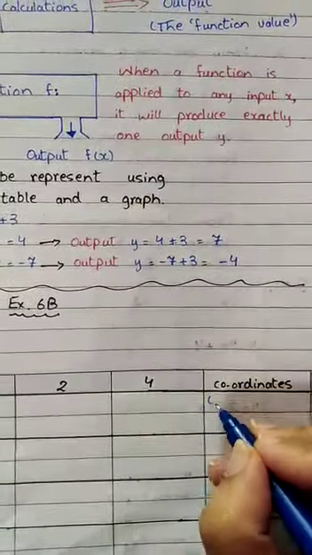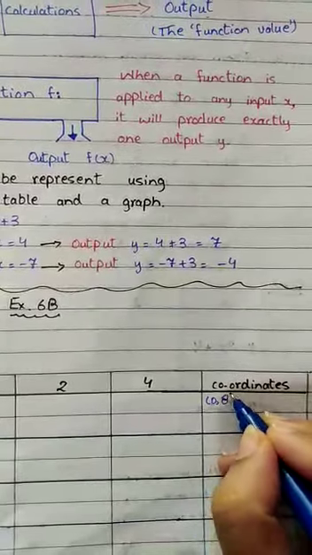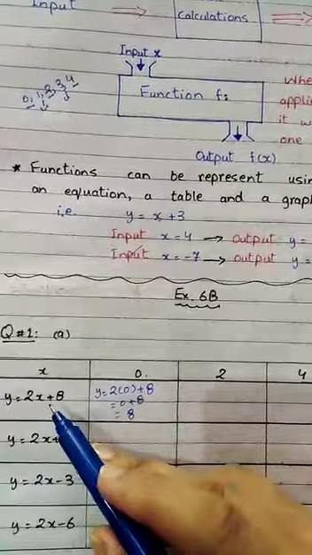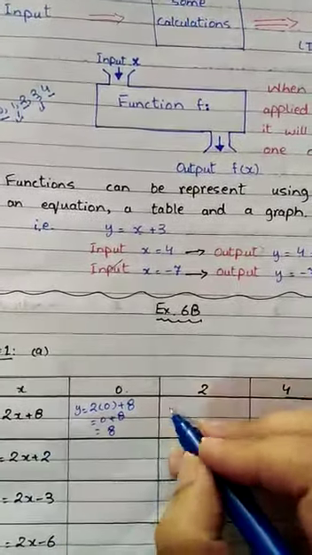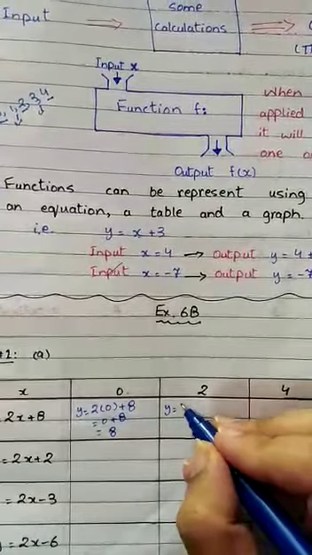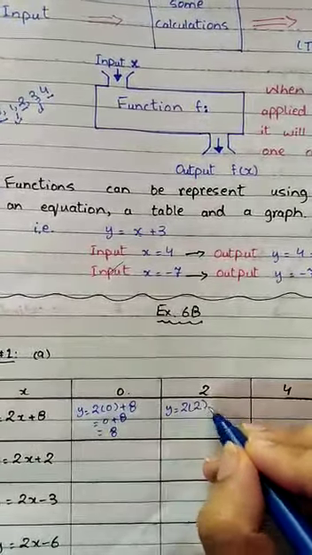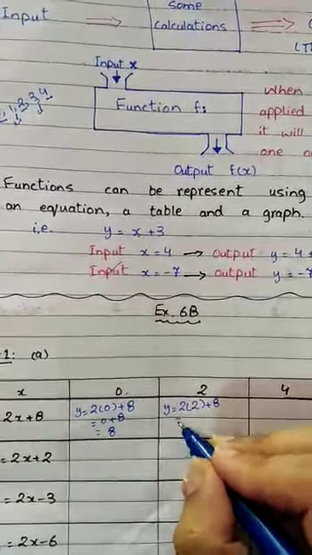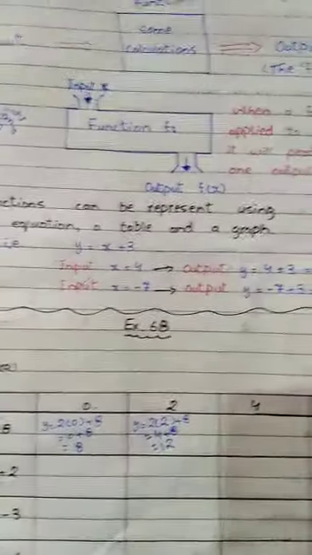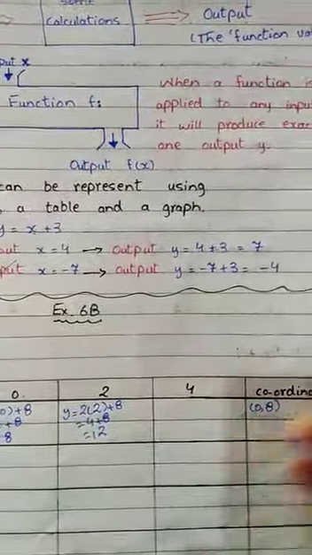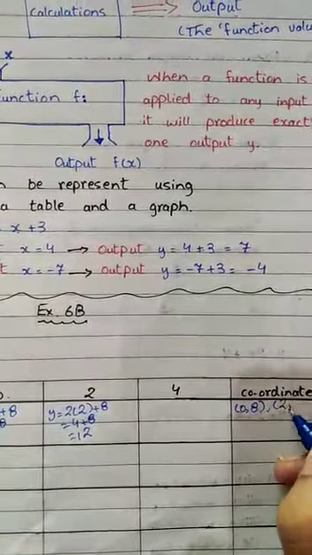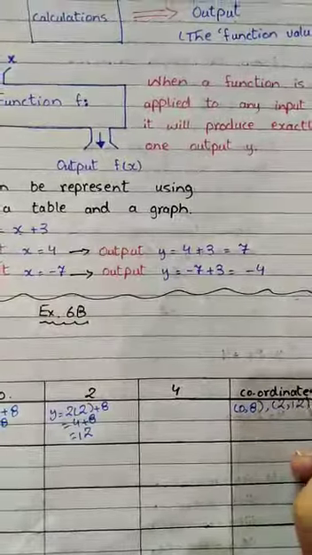So the first coordinate is (0, 8). Okay, now look at the second one. Again the function is y is equal to 2x plus 8, but the input value of x is 2. So 2 times 2 plus 8, it's 4 plus 8, and then we will get 12. So when x is equal to 2, y is equal to 12. So the second coordinate is (2, 12).